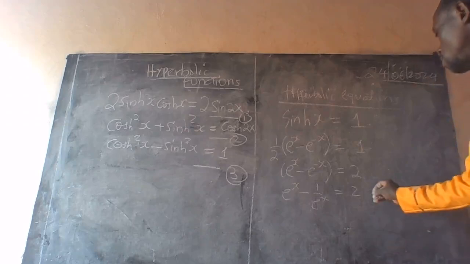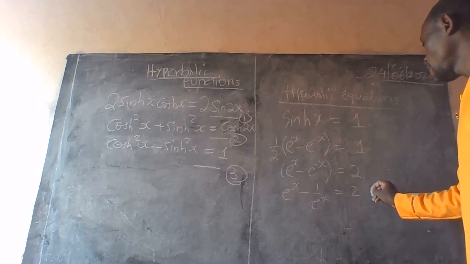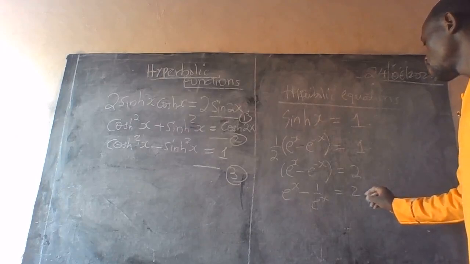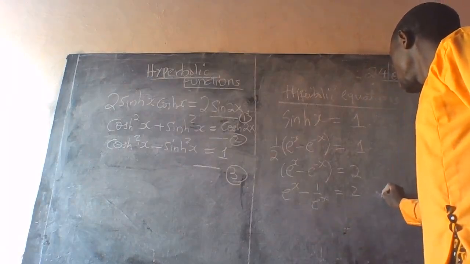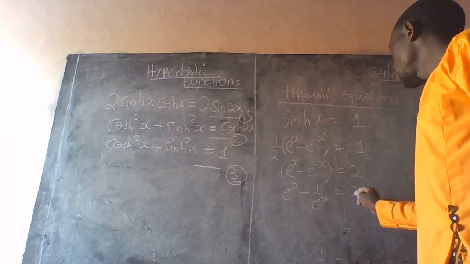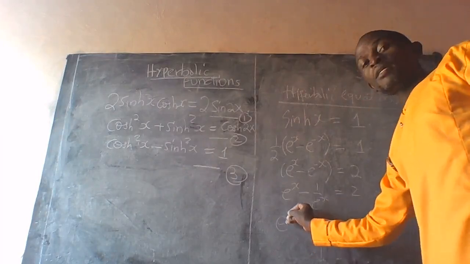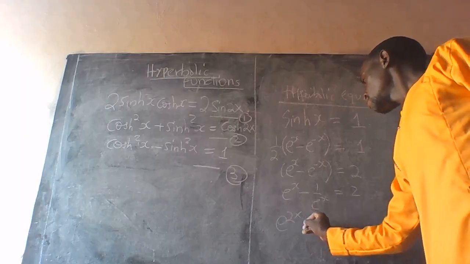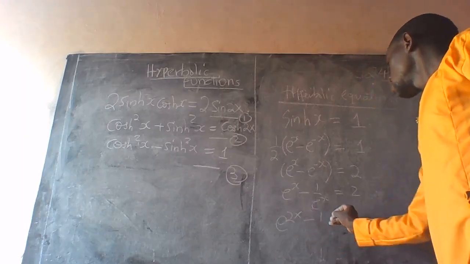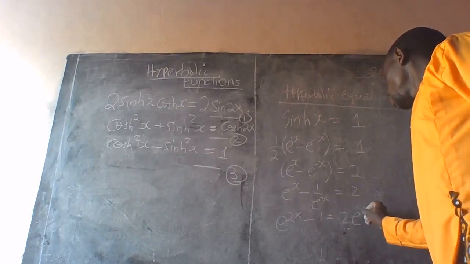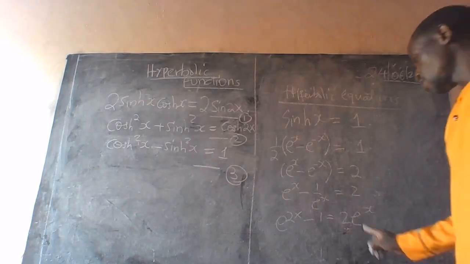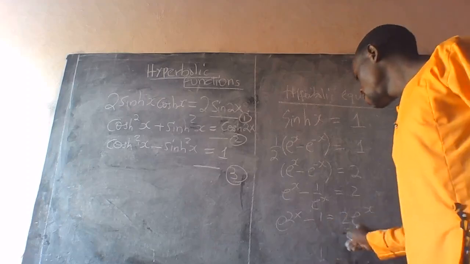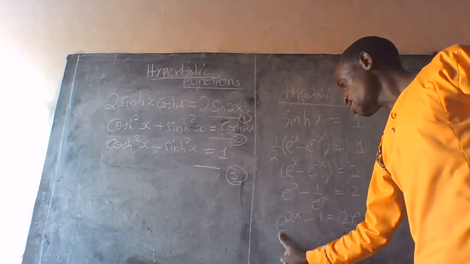So at this point, we will multiply through by e^x. You're going to have e^(2x) minus 1 equal to 2e^x. So collecting this one on this side, bringing this one on that side, what are we going to have, class?